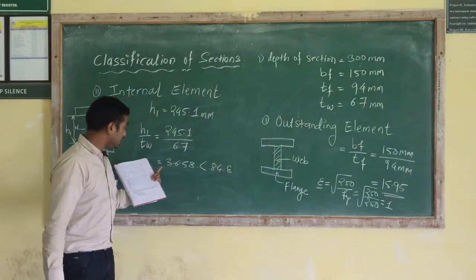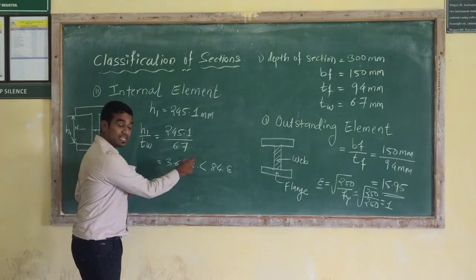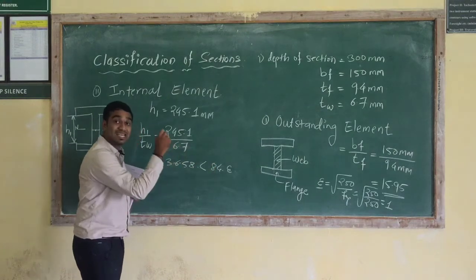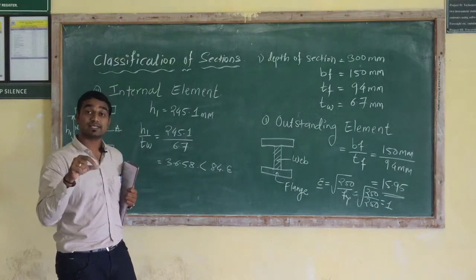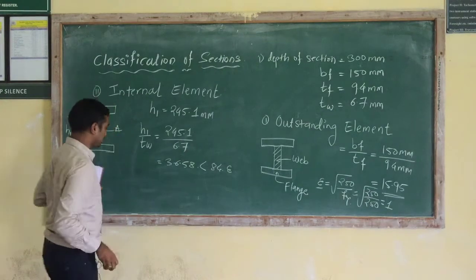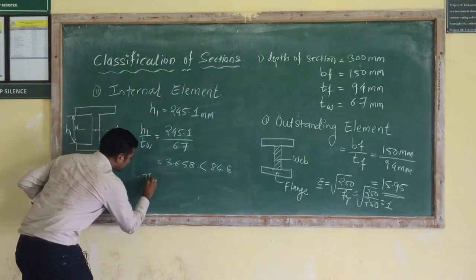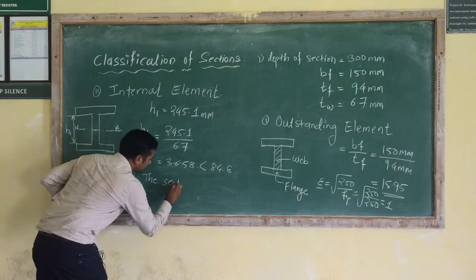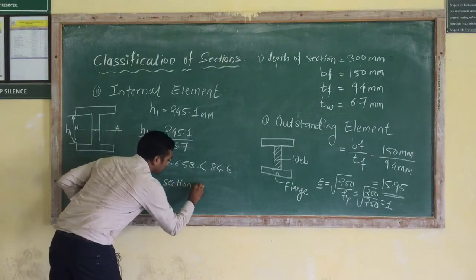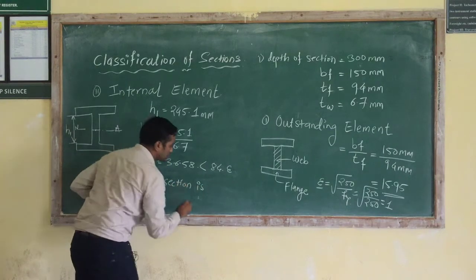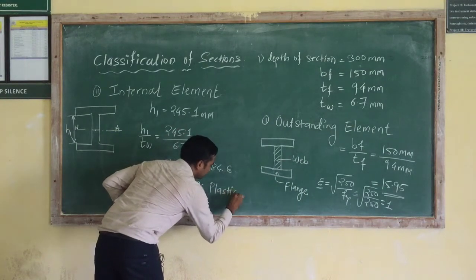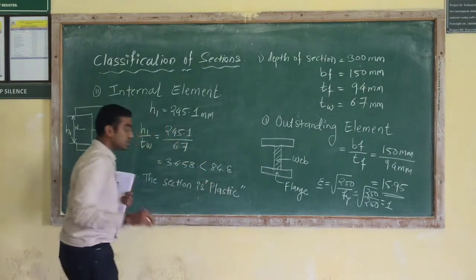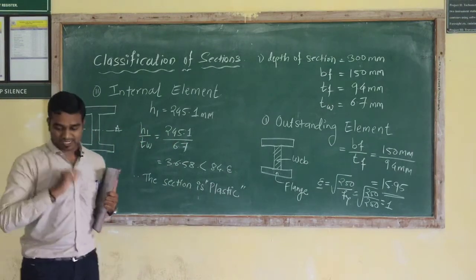Here our value 36.58 is less than 84 epsilon. That's why our section is classified as a plastic section. Therefore the section is plastic.